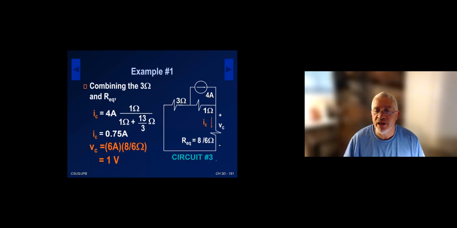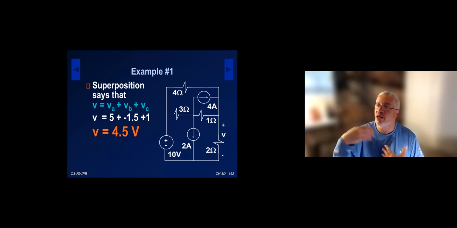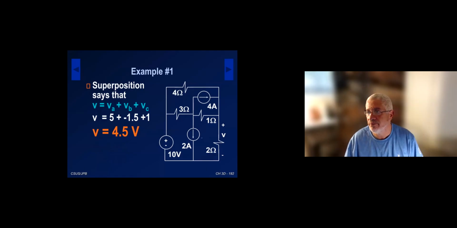What superposition tells us is essentially that the original voltage for the circuit that was provided is a sum of these individual responses. Each response is with one independent source, with the other ones being turned off. So in this particular case, V is equal to VA plus VB plus VC.